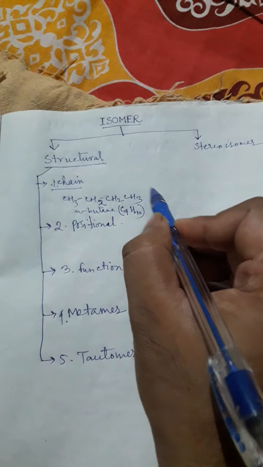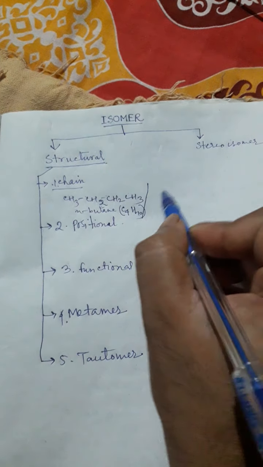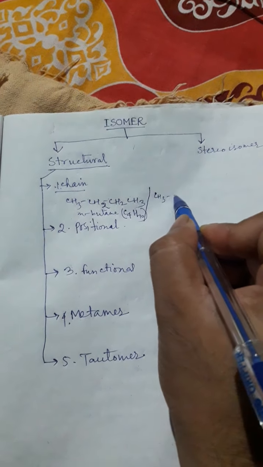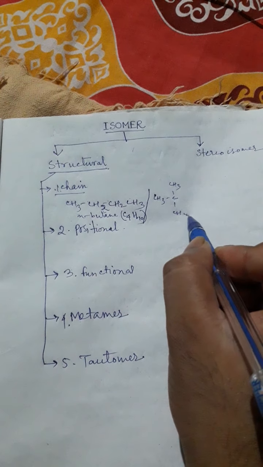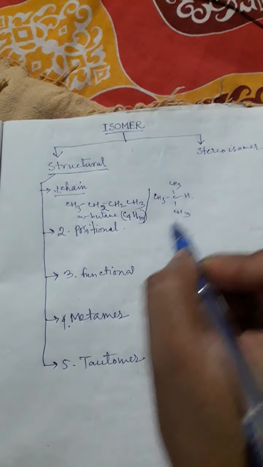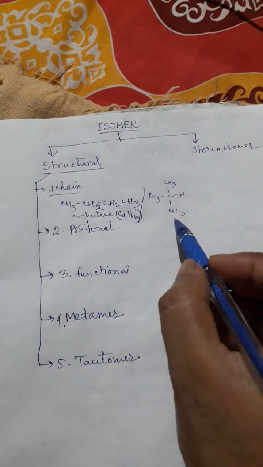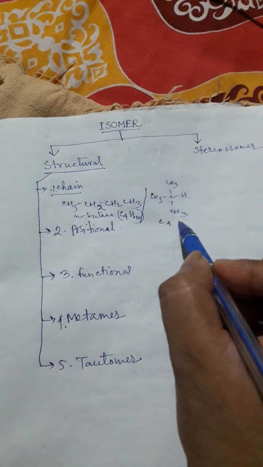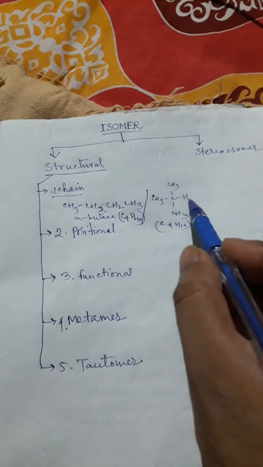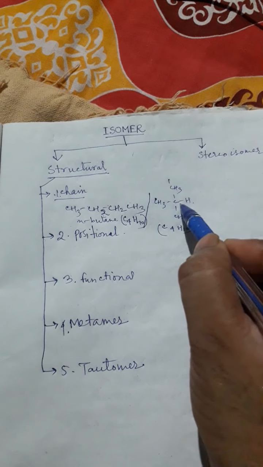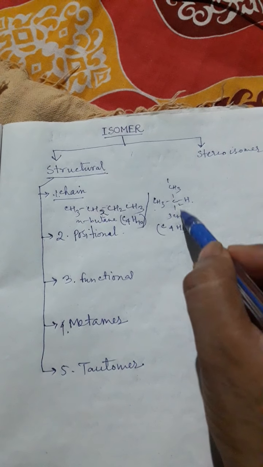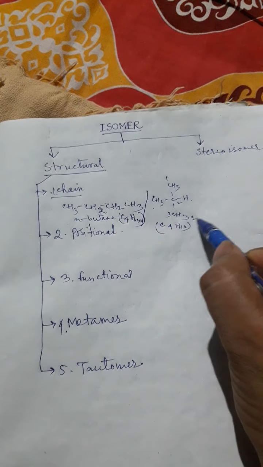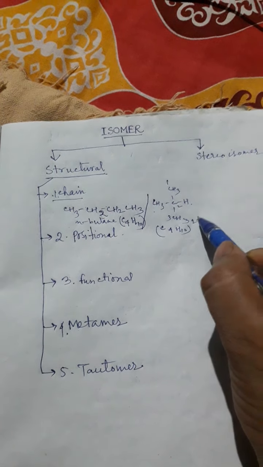If you consider another structure, CH3, CH3, CH3 with H, the number of carbons is 4 and the number of hydrogens is also 10, but considering 1 2 3, this is 2-methylpropane.